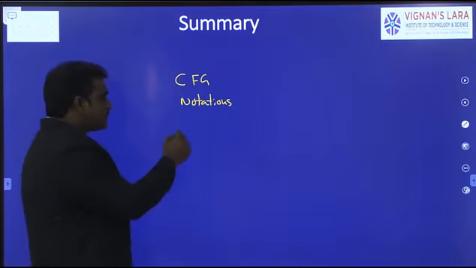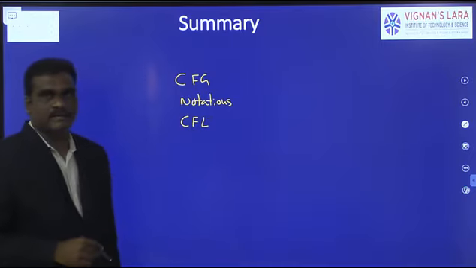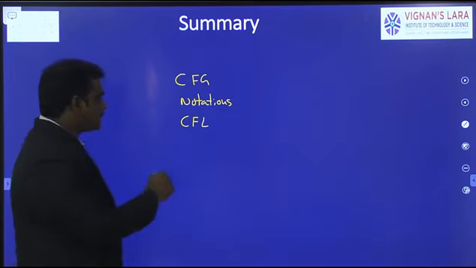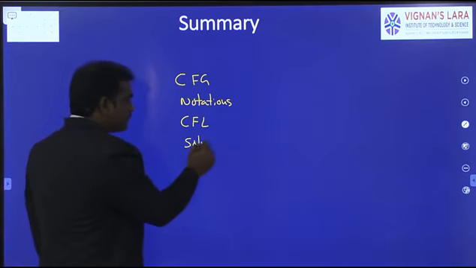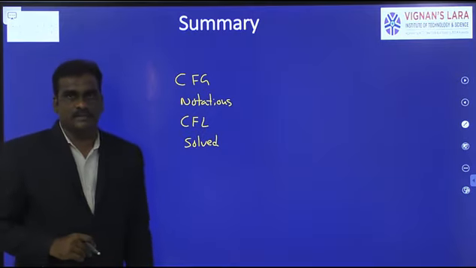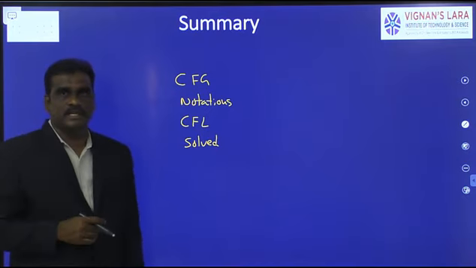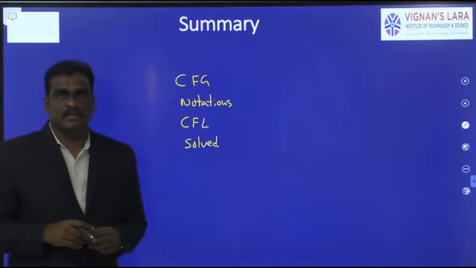The next topic was the context-free language, what is meant by context-free language. And then we solved some context-free grammar examples. In the next class we will see the derivations of the context-free grammar. Okay, thank you.